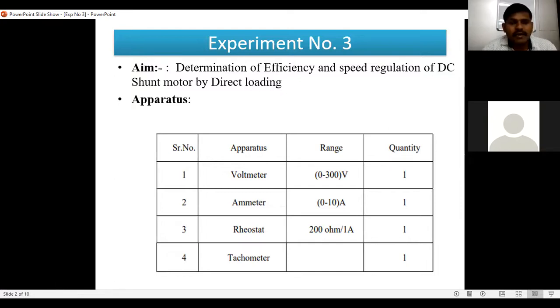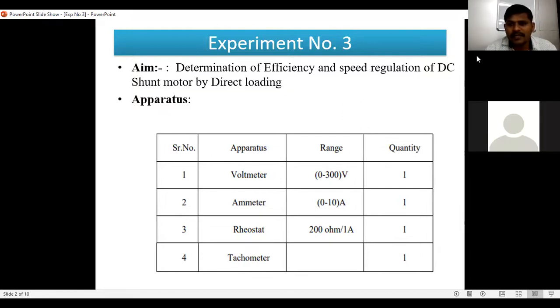Second, we require an ammeter to measure the supply current or load current, having a range 0 to 10 ampere, depending upon the rating of the motor. Then we require a rheostat connected in series with the field winding to run the machine at rated speed.